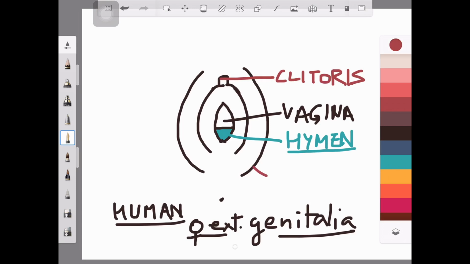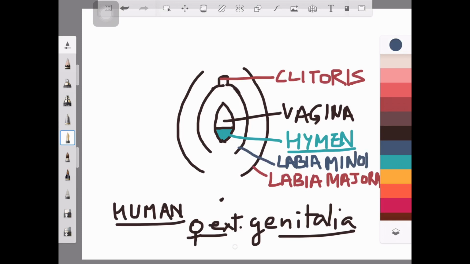The outer one, labia majora, because it is major and big in size, and the inner one, again labia, lip-like, so it is called labia minor. So two lip-like structures, and the whole area is situated on some elevation called mons pubis.